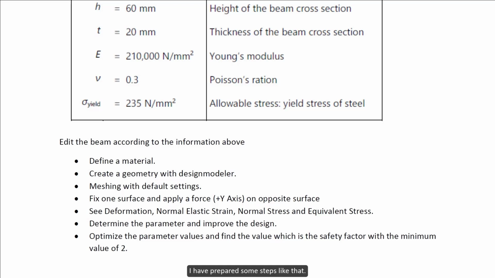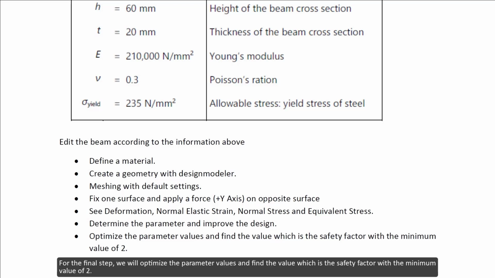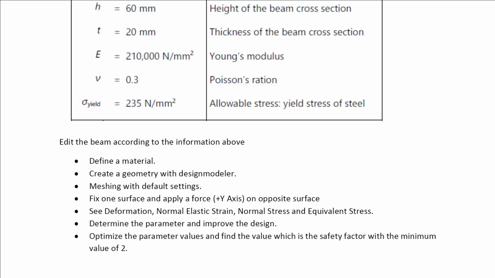I have prepared some steps that will improve the design. And then for the final step, I will optimize the parameter values, the safety factor, with a minimum value of 2. All right, let's get started with defining material.